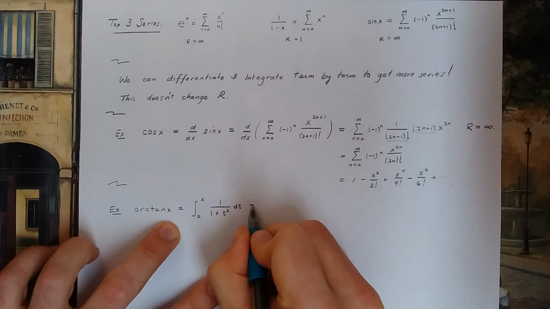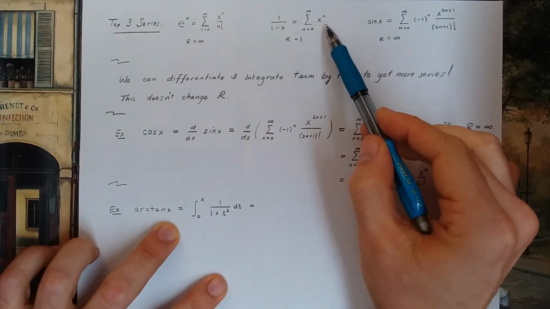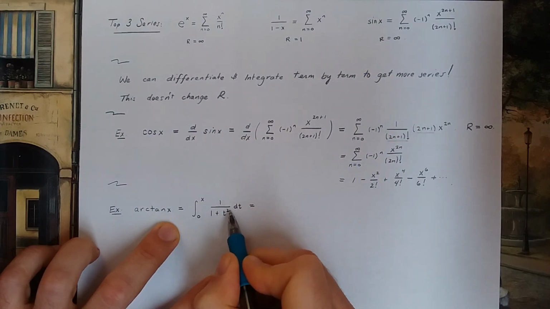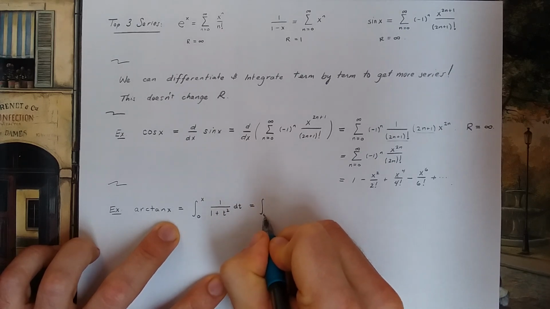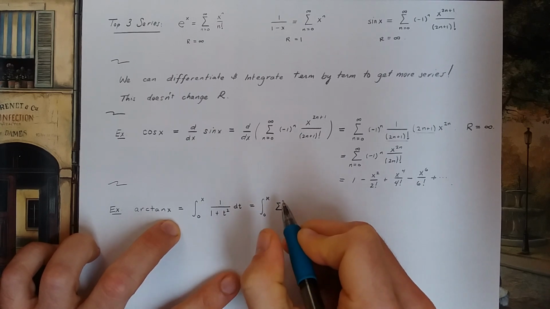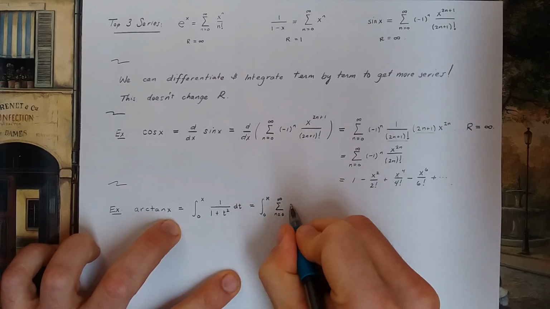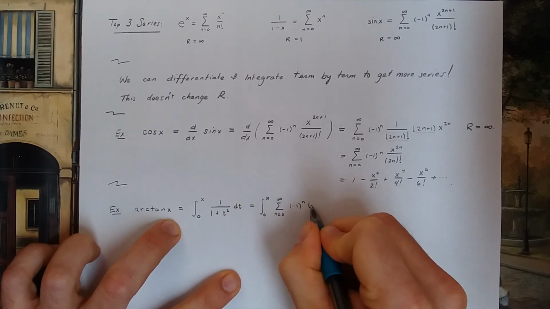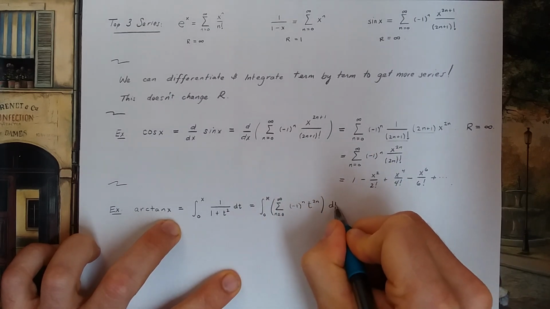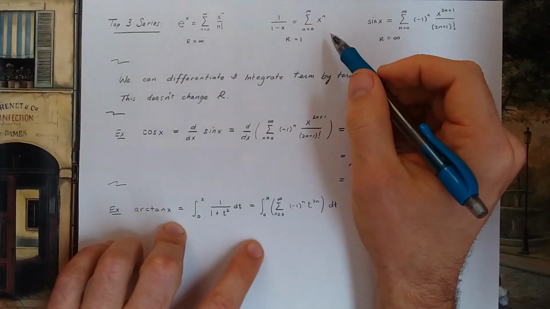Now, in the previous video, we used the geometric series to find the series for 1 over 1 plus t squared. So if you go back to that video or you recalculate, you get the sum, n going from 0 to infinity, minus 1 to the n, t to the 2n power. So we got that by manipulating the geometric series.